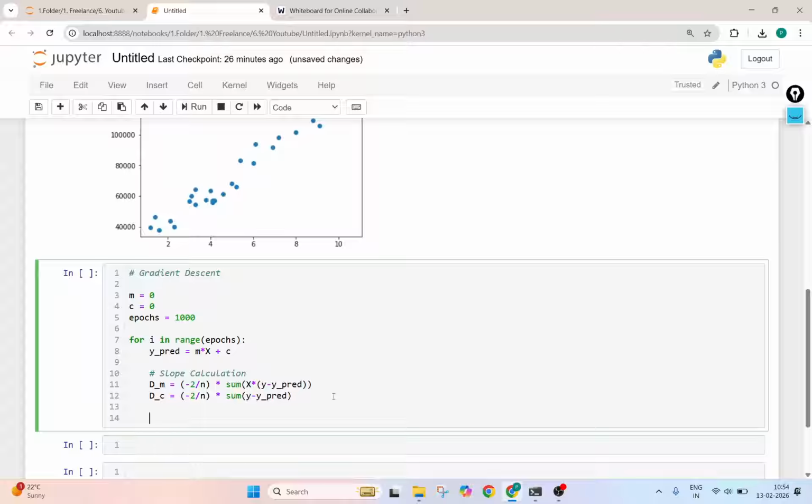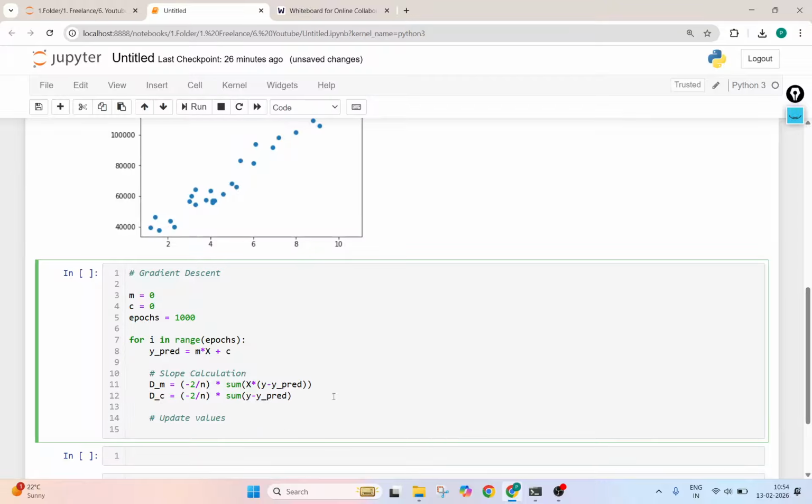Now we simply want to update the values, right? So I'll only say update. And what I'll do is m equals to, this is m new basically. So m new equals m old minus learning rate into, I also have to give the learning rate over here somewhere.